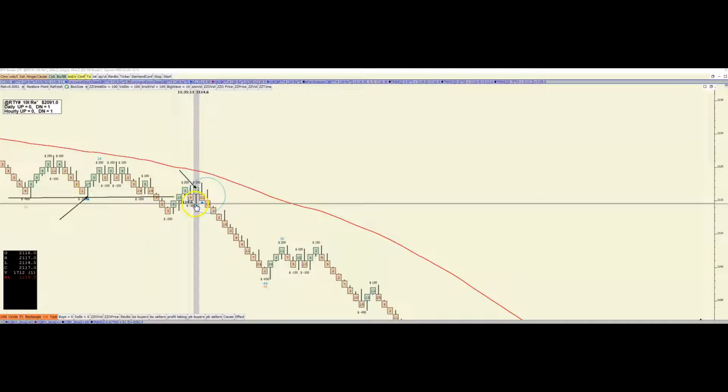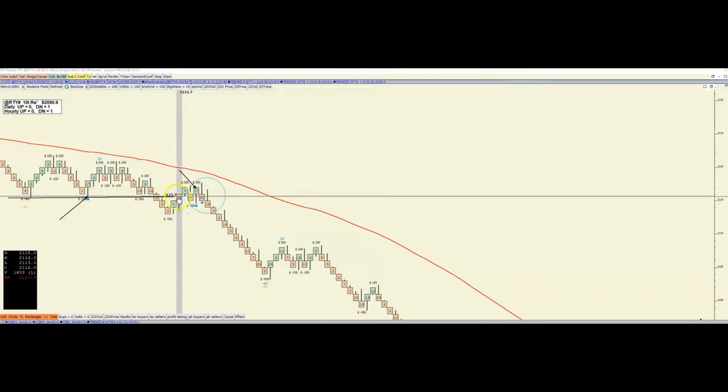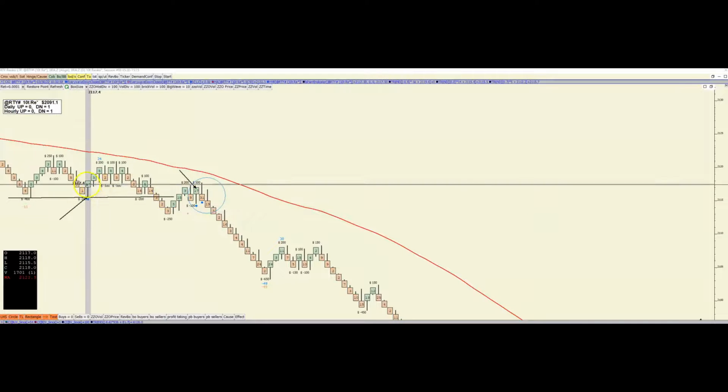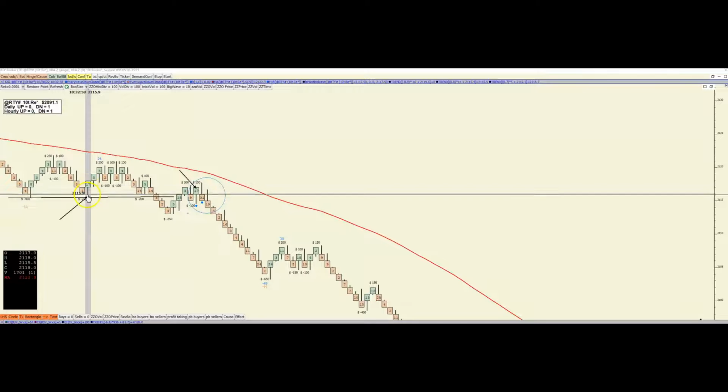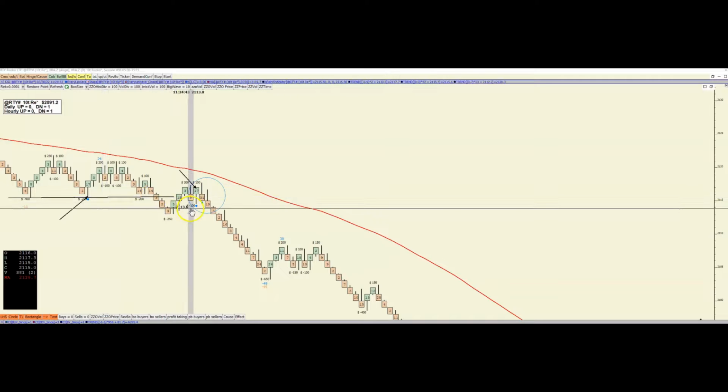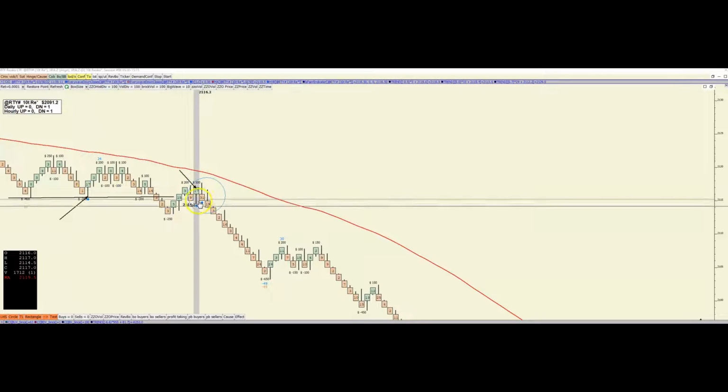And guess what this print here is also? 17. Similar numbers. So it could be the same group, because the chances of this being heavy volume and this being heavy volume and both being the same number seems like someone had orders.